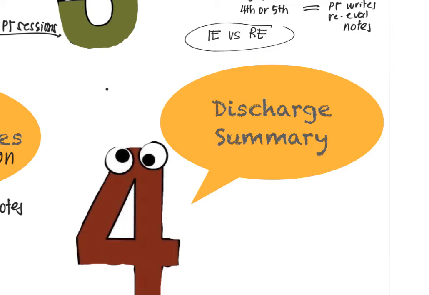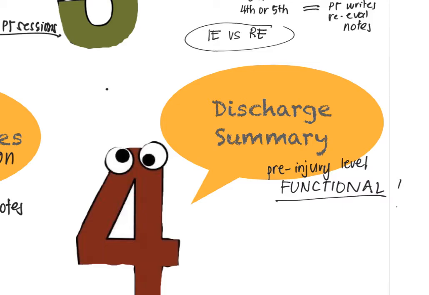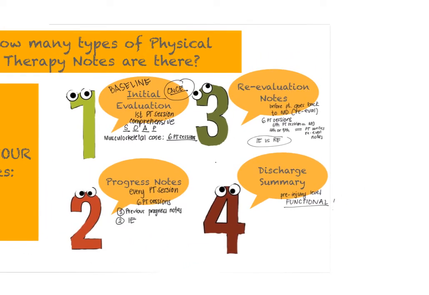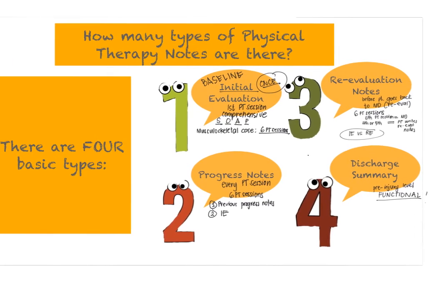So if the doctor sees, na halimbawa yung patient na-achieve na niya yung kaniyang pre-injury level, okay, or the patient is already highly functional, then the doctor may now discharge the patient from physical therapy. So these are the 4 types, okay, of PT notes.